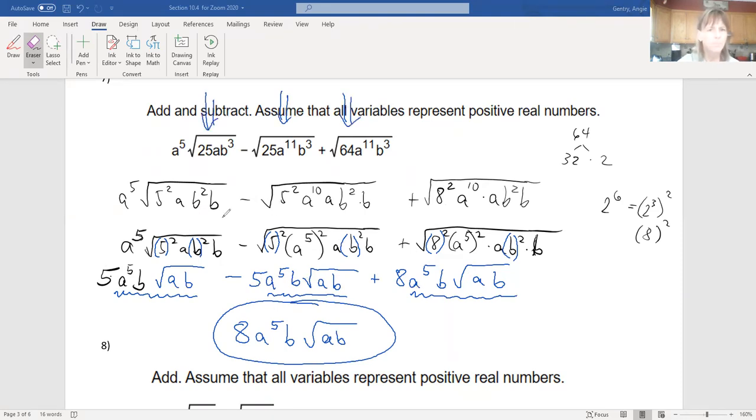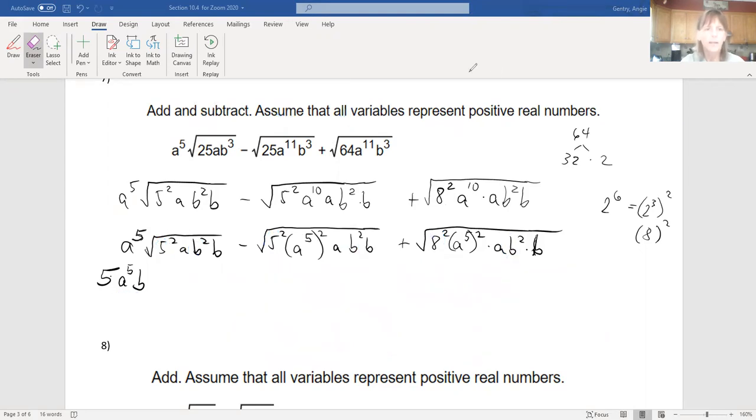And even when I come here, because that a to the 5th is on the outside, it was not very obvious that they're going to be like terms. So you have to be careful. They're not always going to be like terms. Sometimes 2 out of the 3 are like, but in this case, they're all like. Okay, it can be confusing, and you also have to be careful.